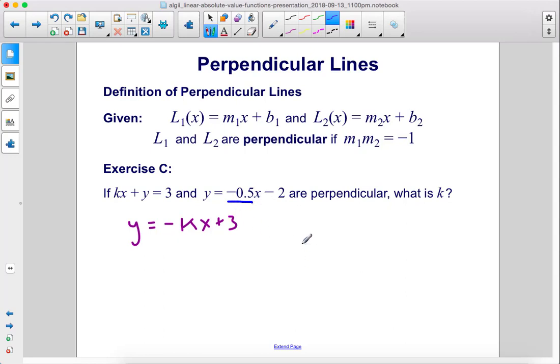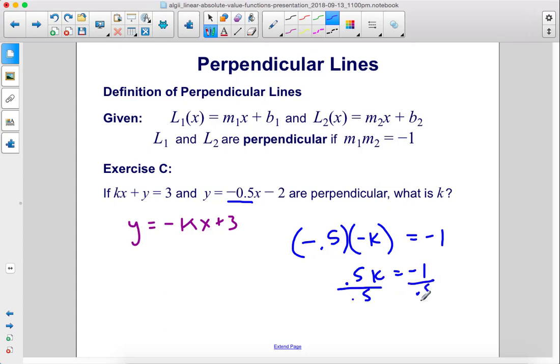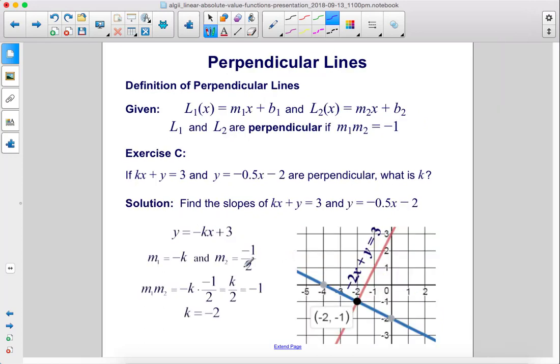So we know that -0.5 times -k is going to equal -1, since that means they are perpendicular. So that would be 0.5k = -1. Divide both sides by 0.5 and we get k is -2. And we see here in the graph that these two lines are perpendicular.